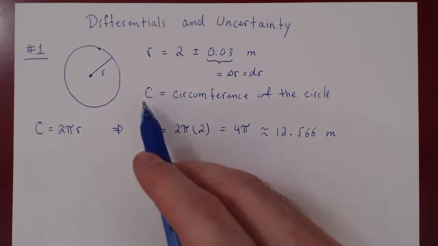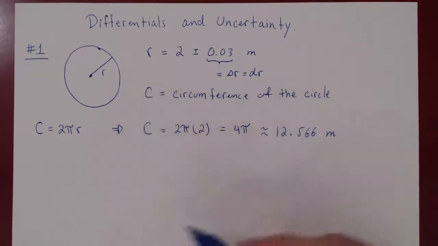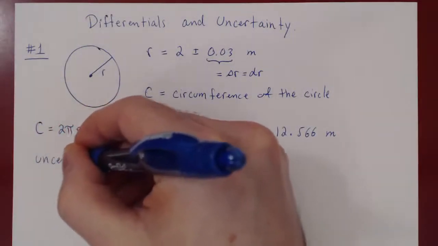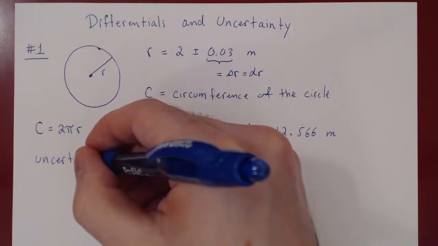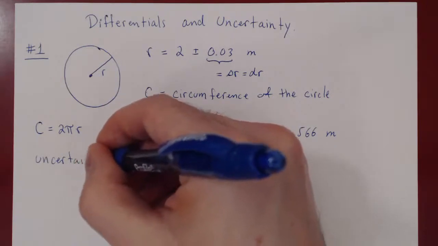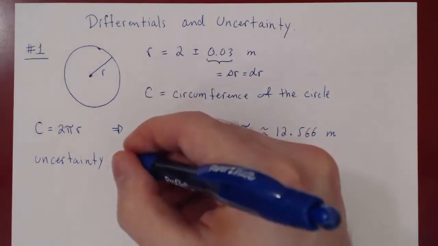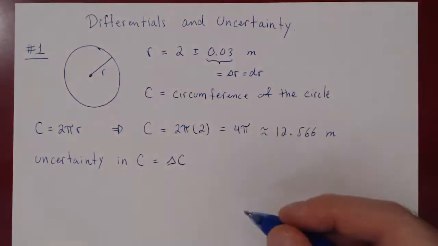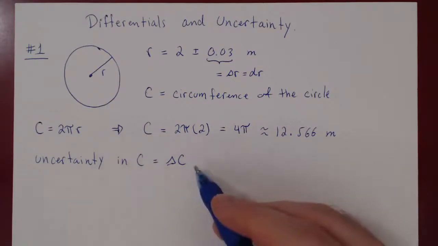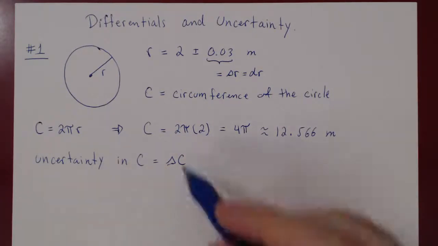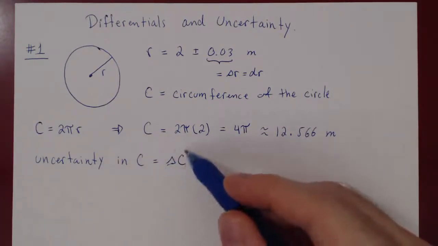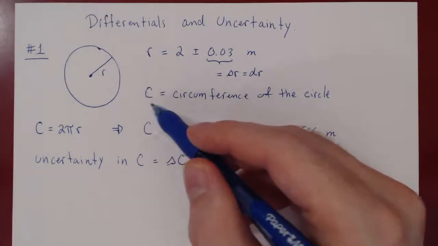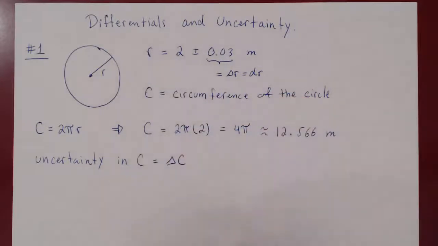Well, the uncertainty will be the change in C, right? And that's delta C. Well, here's where we're using the differential. We want the change in the dependent variable because C is the dependent variable that depends on r, the independent variable.